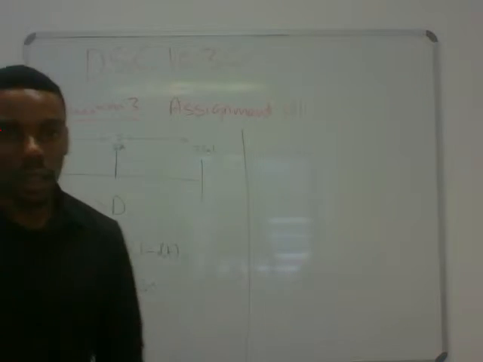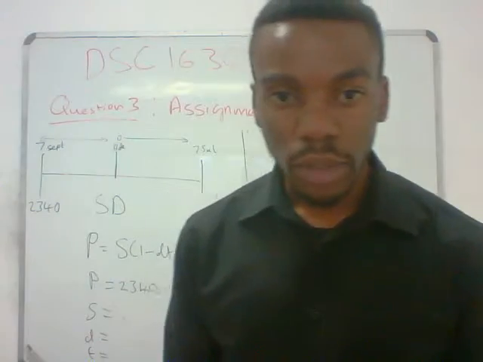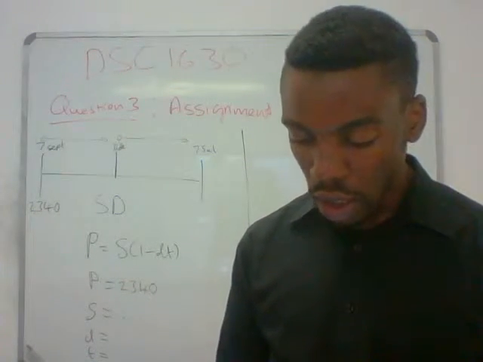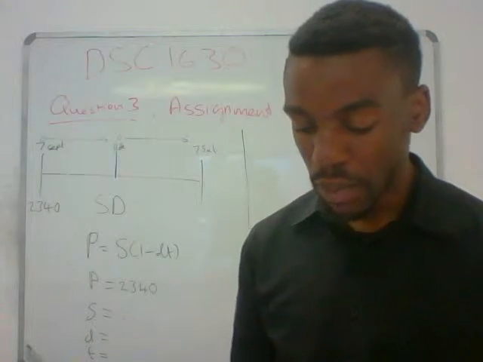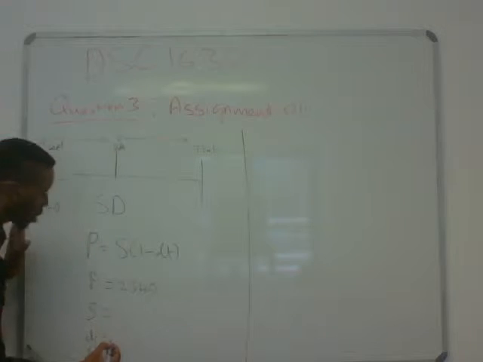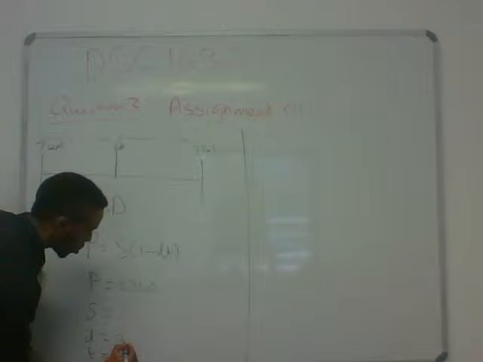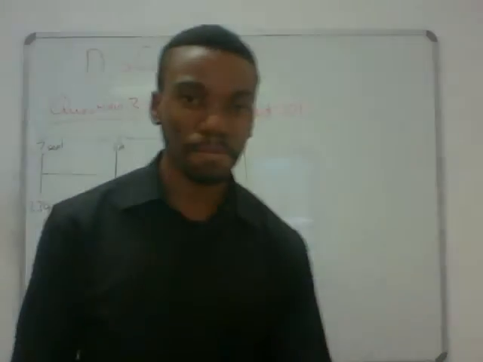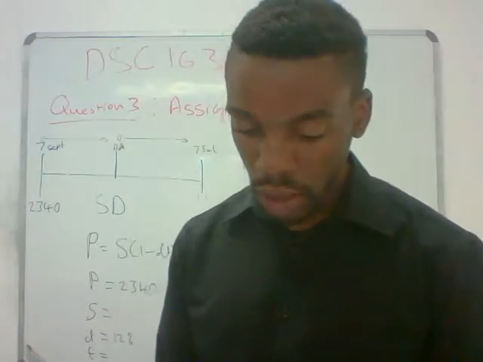Then from there, it says at a discount rate of 12% per annum. So we know that the discount rate is 12% per annum.